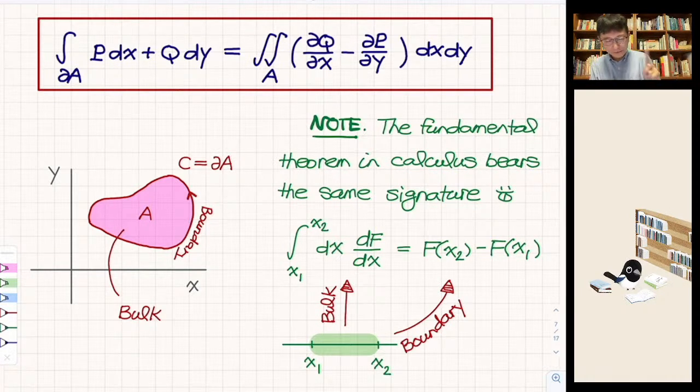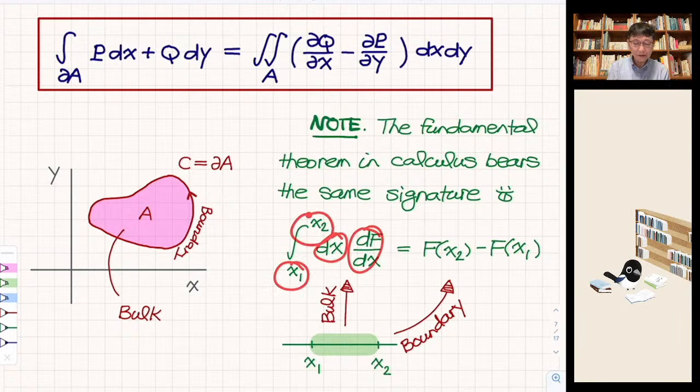So here I'm going to show you a brief note. This brief note is the fundamental theorem in simple calculus. So what is the fundamental theorem? The fundamental theorem tells you that if you have a capital F, dF/dx is just a small f. So if you take an integration from x1 to x2, it is then equal to F(x2) minus F(x1). If you forget about this, please go back to your calculus lectures and you will find it.